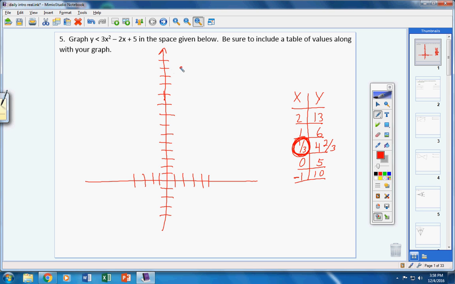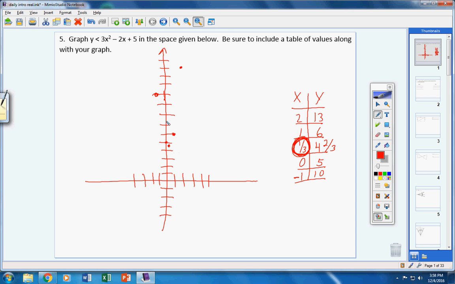So 2 1/3 is right there. Then 1, 6: over 1 and up 6. And then over 1/3, so barely over, and up 4 and 2/3. So right there, there's the vertex. Okay. And then 0, 5. So right here. And then -1, 10. So -1, 1, 2, 3, 4, 5, 6, 7, 8, 9, 10. -1, 10. About right there.